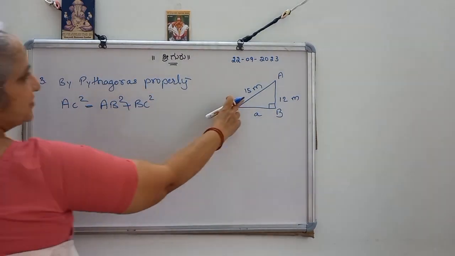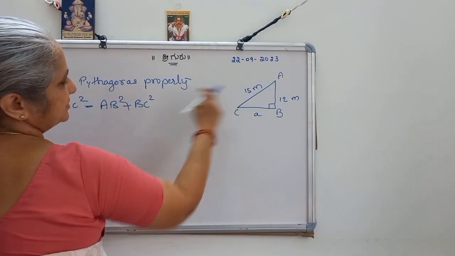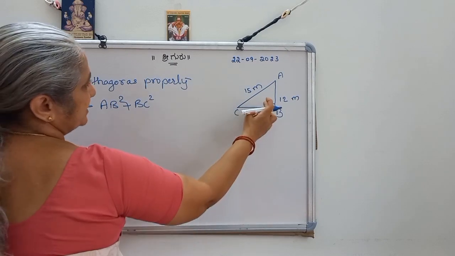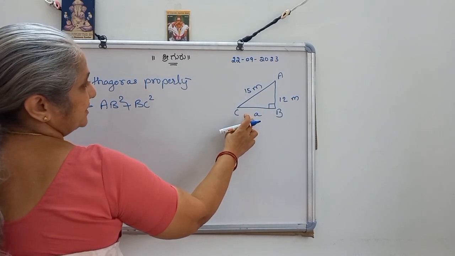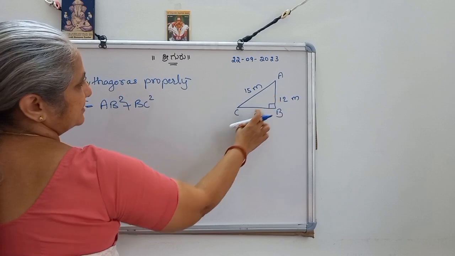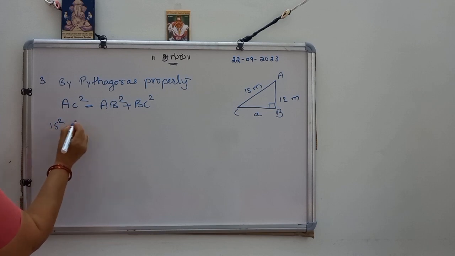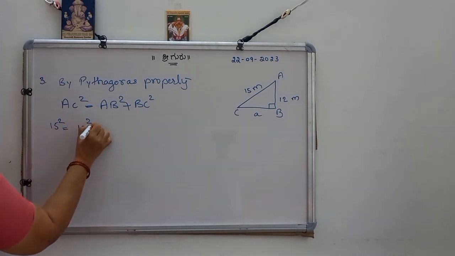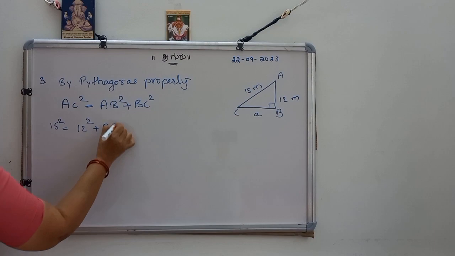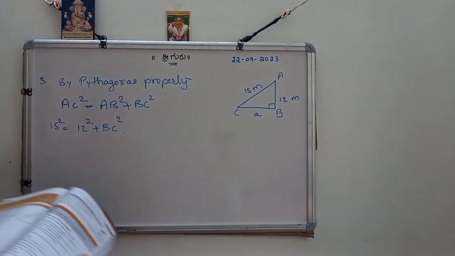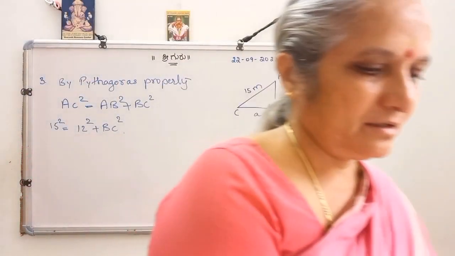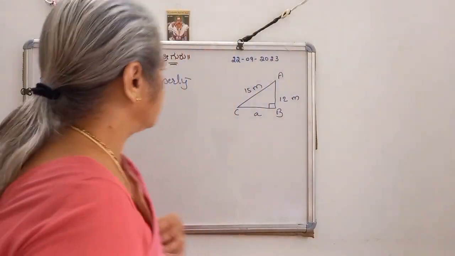Here hypotenuse is 15. Hypotenuse square is equal to sum of squares of the other two sides. They are legs. Here AC is given as 15, square is equal to AB, given as 12, square. We have to find BC. It is solving like simple equations.